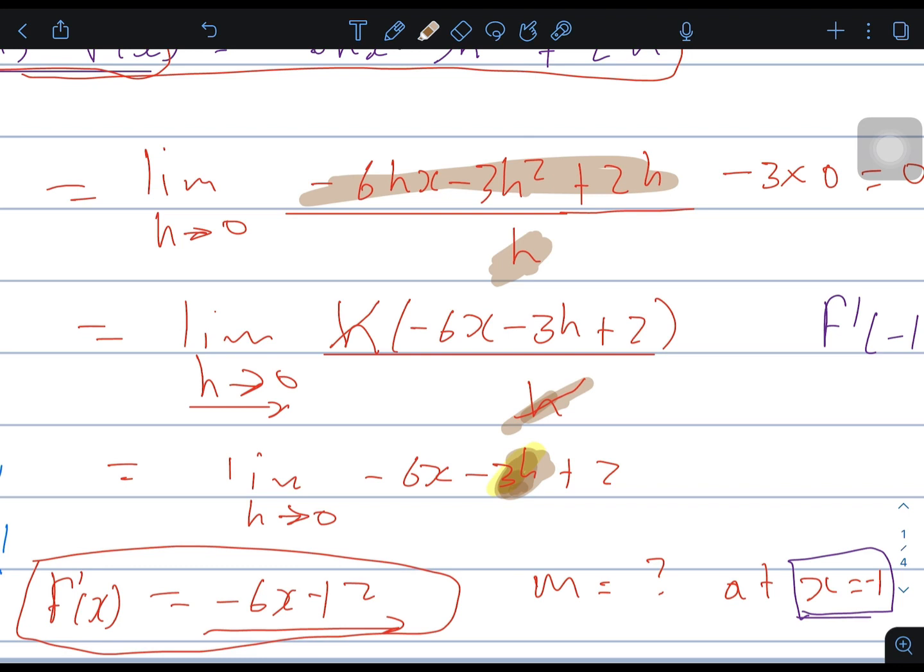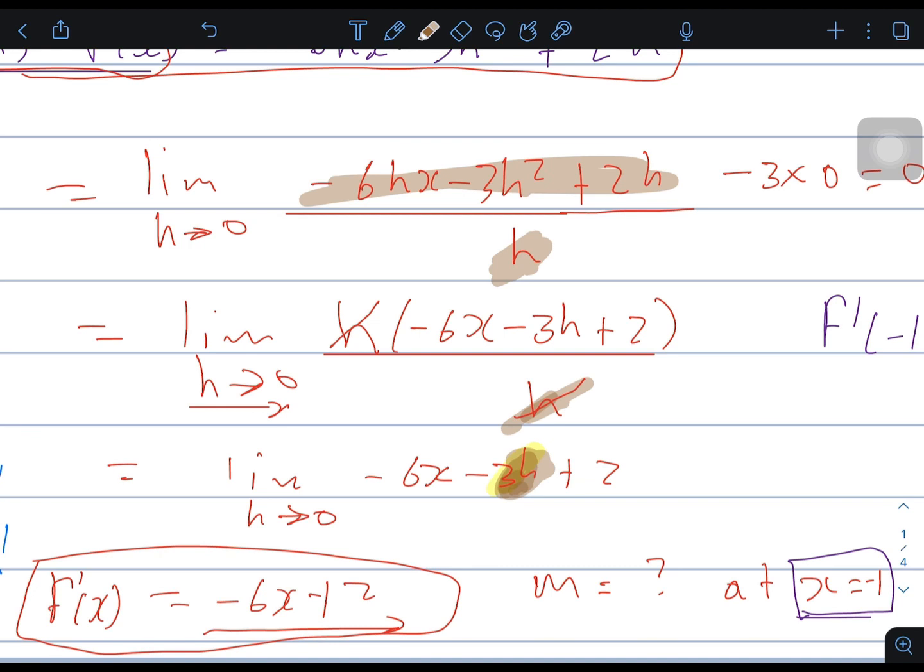It's just that for a straight line, whether I calculate the gradient at x equals -1, then again calculate the gradient at x equals 5, for a straight line I should get the same gradient, because the gradient of a straight line is constant, but the gradient of a curve is not constant.